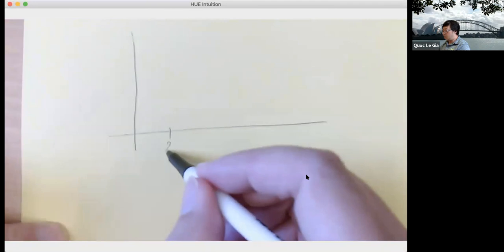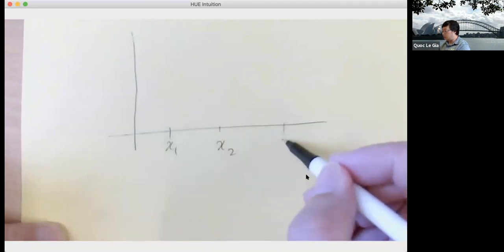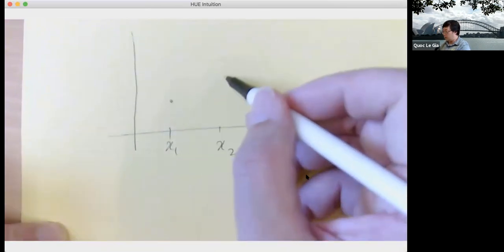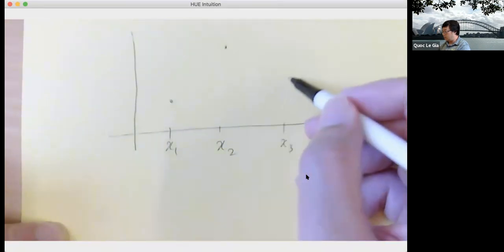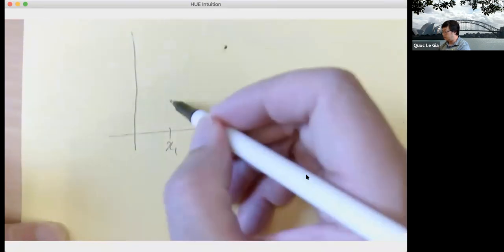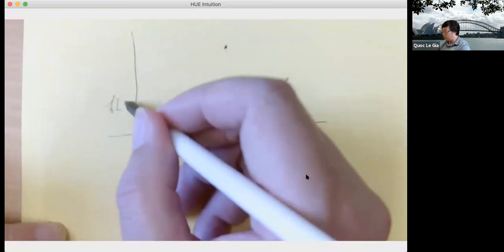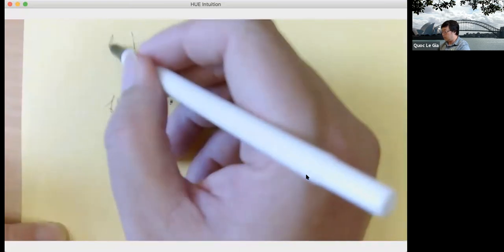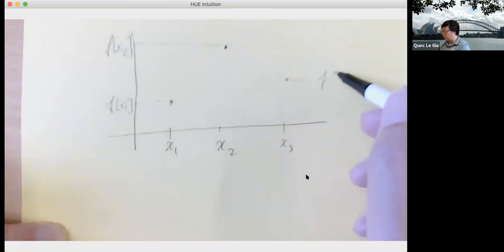This is my x1, x2, and x3, and these are my 3 points, maybe up and down like this. So this one is f(x1), f(x2), and this one f(x3), yeah?